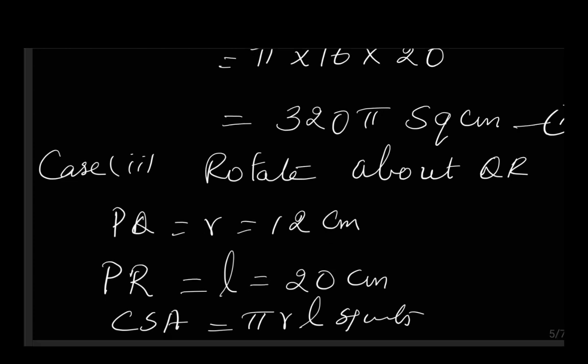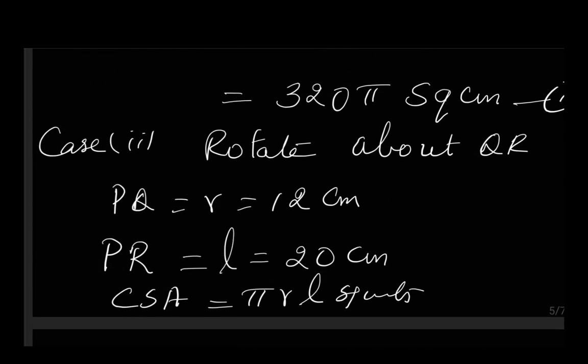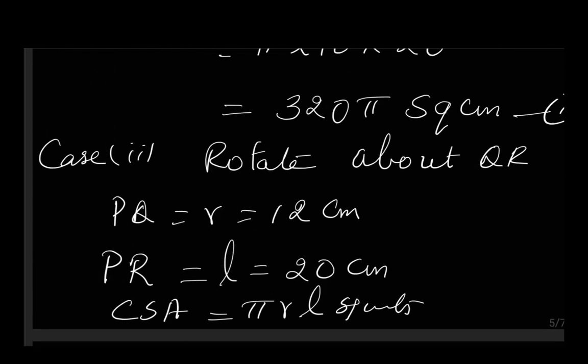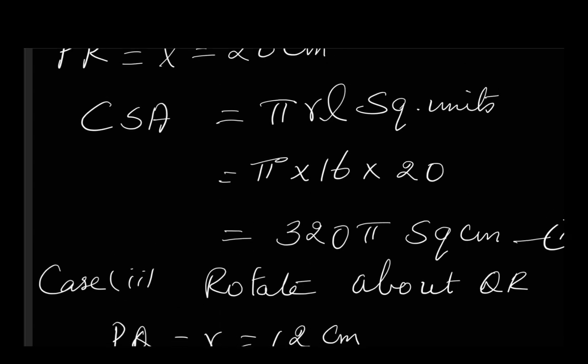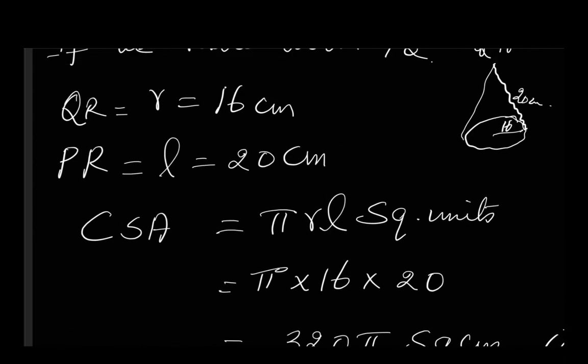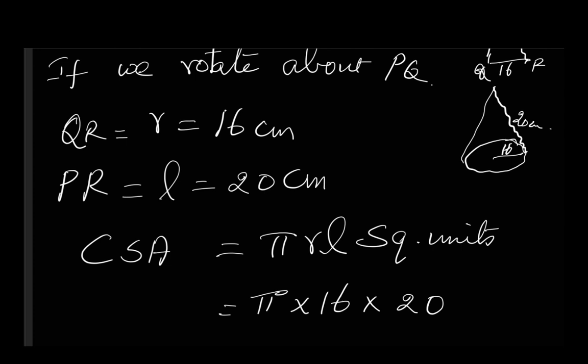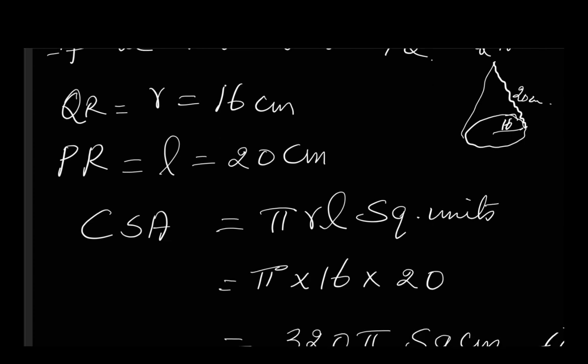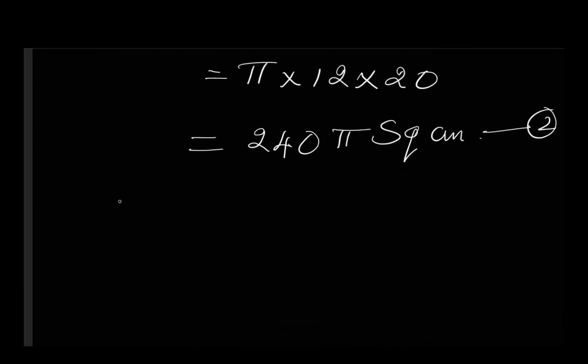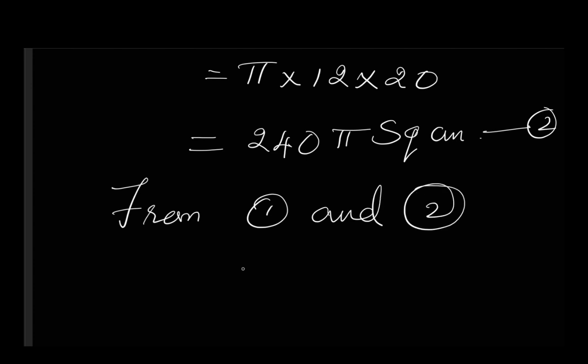So you look at both the cases. Here, which number is greater? 320 pi. In the first case only we get the greater value, that is, in the first case we gave the rotation about PQ. So the first answer 320 pi is greater than 240 pi.